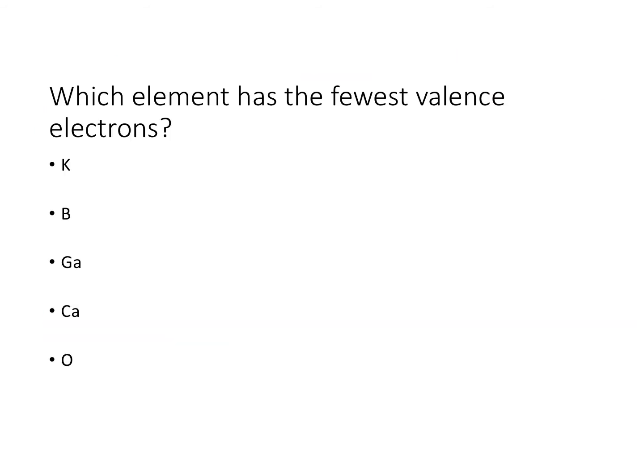Okay, so now let's work on this example. This question says, which element has the fewest valence electrons? So what is the number of valence electrons of potassium? Exactly, it's in group 1A. What about boron? Exactly, group 3A. What about gallium?